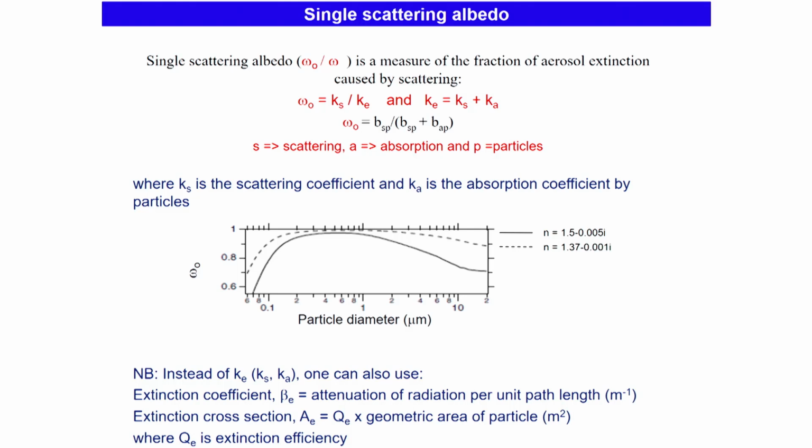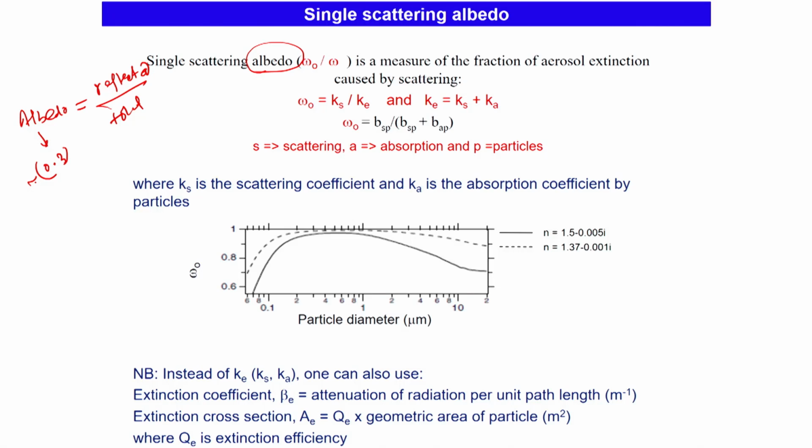Then another very important parameter about the optical properties is single scattering albedo. As I just remember, what was the albedo that we defined? Albedo: the light that is reflected back divided by the total. For example, for the earth we discussed that earth albedo is about 0.3.